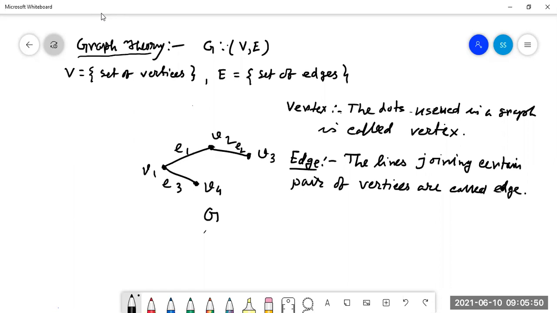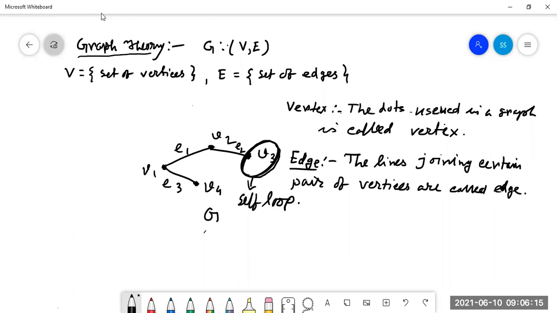Now another thing is called a self loop. If there is a path like this, V1 to V1, V3 to V3, that is also an edge. This one is called a self loop.